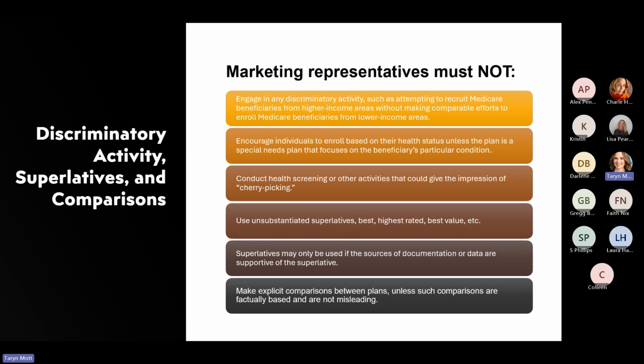Do not use unsubstantiated superlatives like best, highest rated, best value, etc. Superlatives may only be used if the sources of documentation or data support the superlative. Do not make explicit comparisons between plans unless such comparisons are factually based and are not misleading.